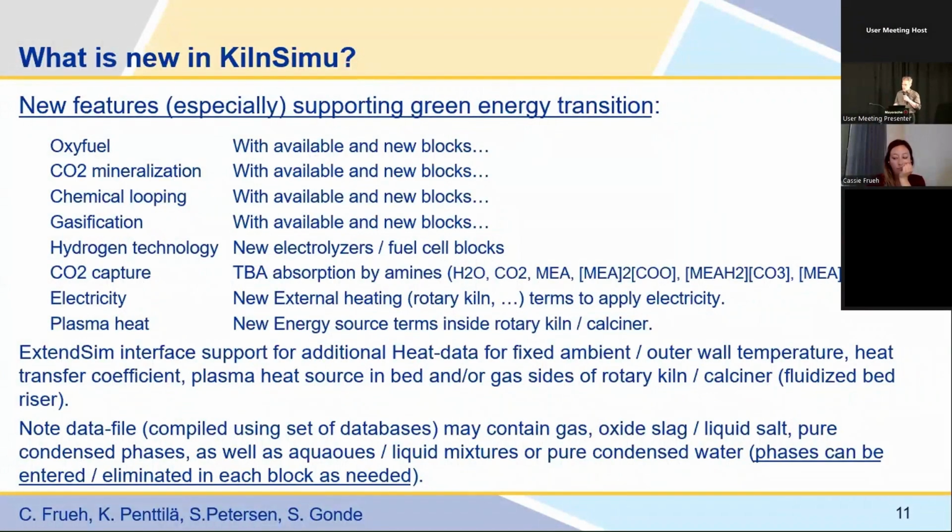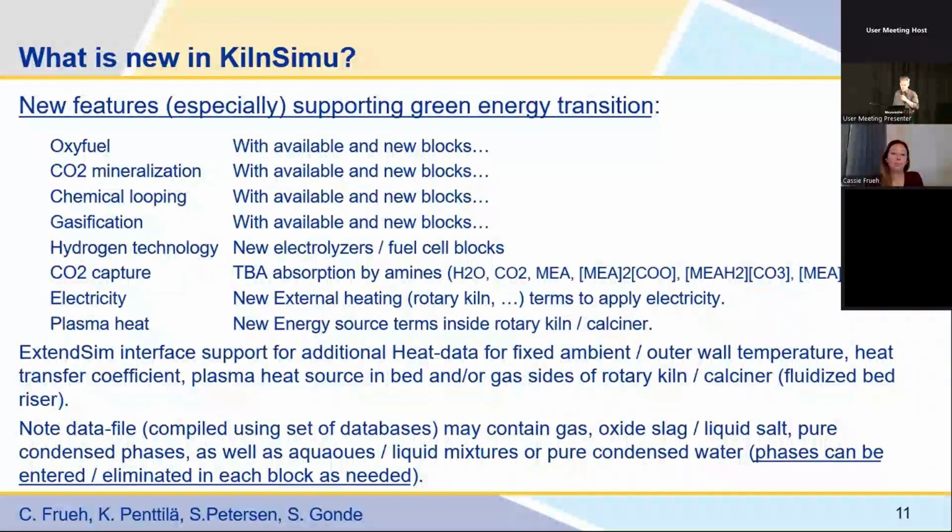So electricity by conduction through the wall into the kiln, or internally using an energy source term to model the plasma heat, for example, also in the rotary kiln and the calciner. And the calciner unit itself is a circulating fluid riser unit.